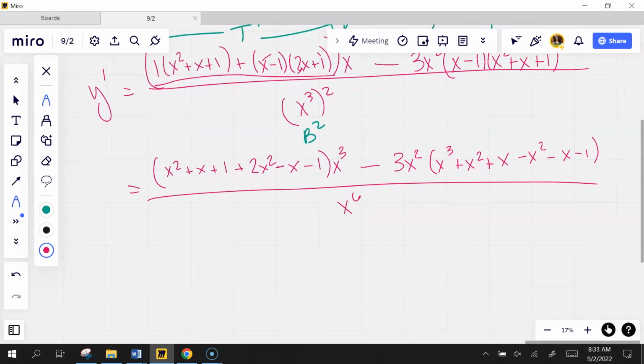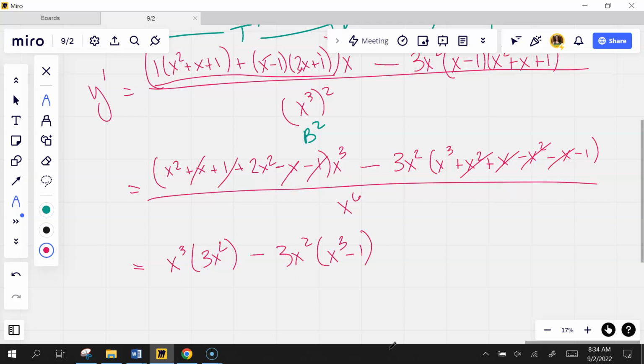And I'm probably going to clean these up before I start distributing. I'm going to put that x cubed in front. 3x squared, these are gone. Oh, that's nice. Minus 3x squared times x cubed minus 1. Is that right?